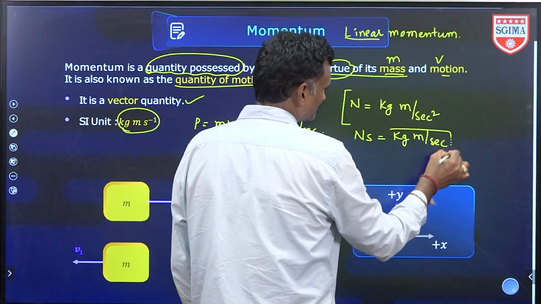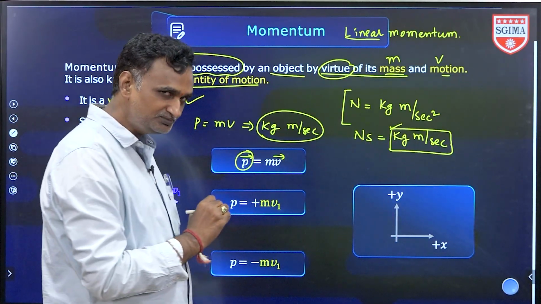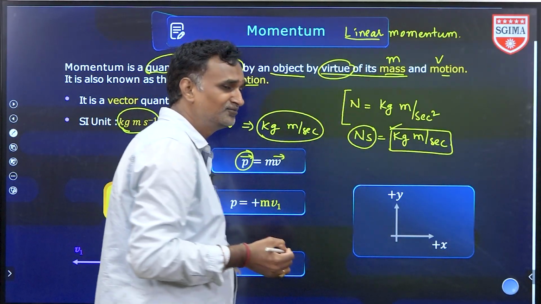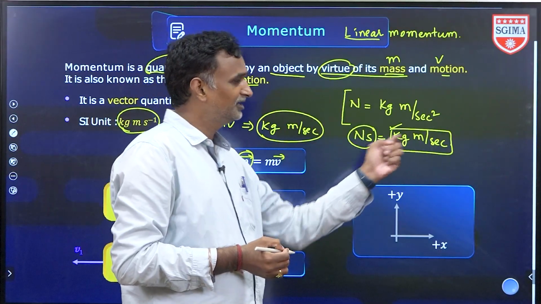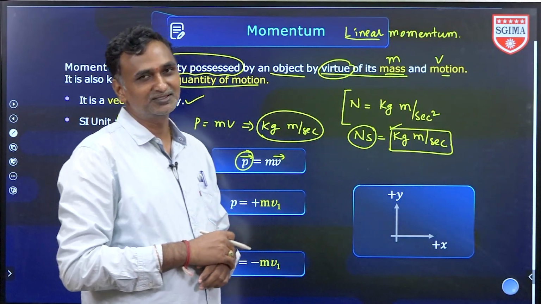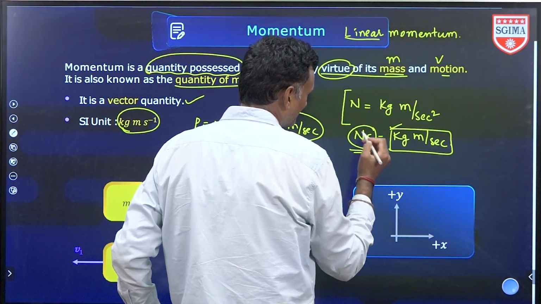So kg meter per second is the unit of what? Momentum. So Newton second is also a unit of momentum, because these are equivalent. They can be given in terms of Newton second.